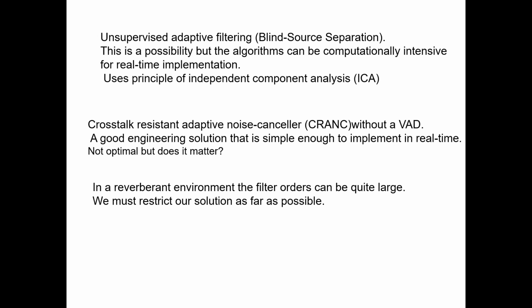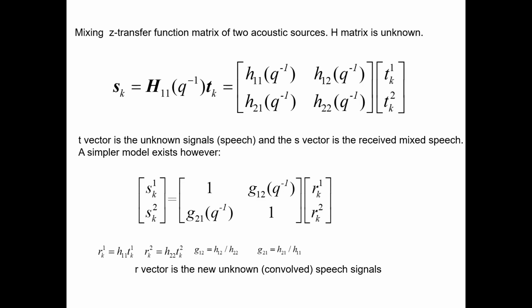That's the only reason. Independent component analysis, unless you use FFTs, which you can do, can be quite complex to implement in real time, because in reverberant environments the filter orders can be quite large.